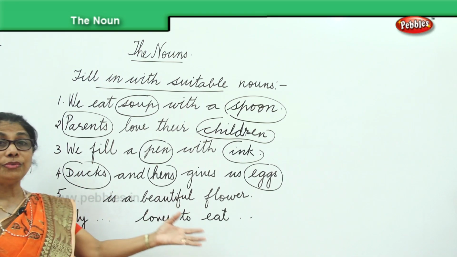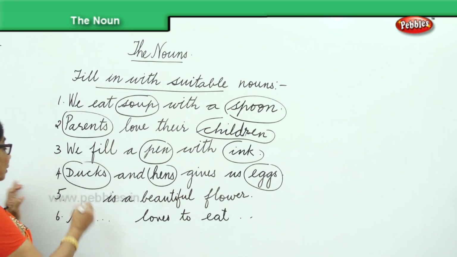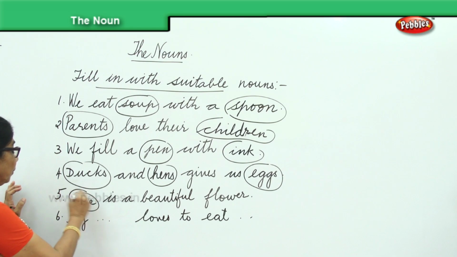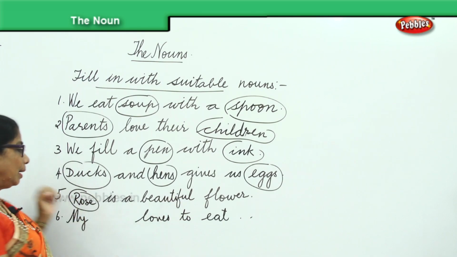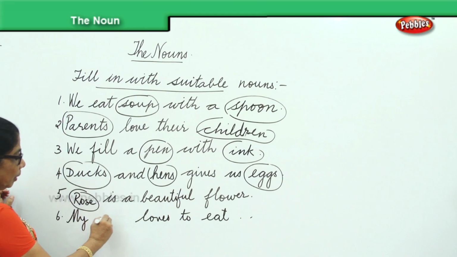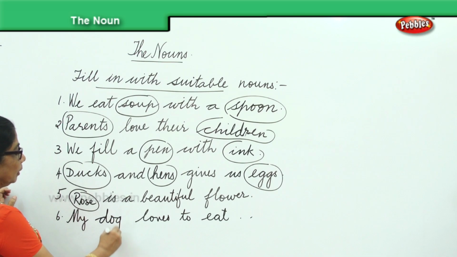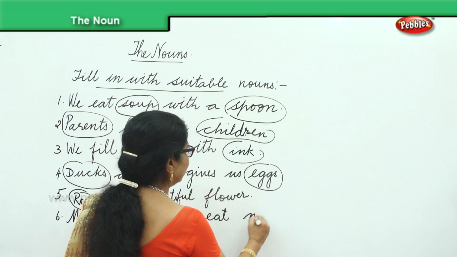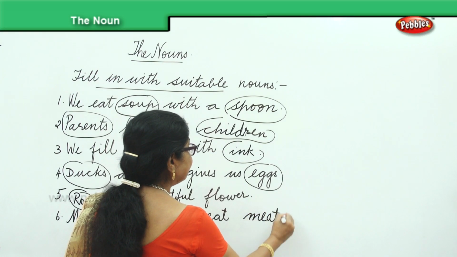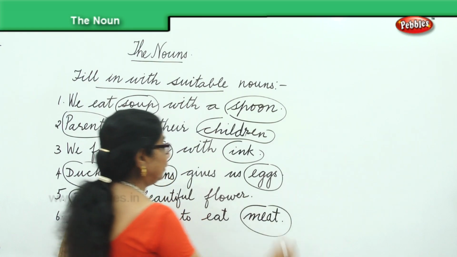Is a beautiful flower. Any flower you can write. Okay, rose or jasmine or anything. Rose. That's a noun. My dash loves to eat. What do you want to write? You can say, tell me. Okay, my dog. My dog loves to eat. Okay, meat. Very good. Or you can say, my cat loves to eat fish, whatever.